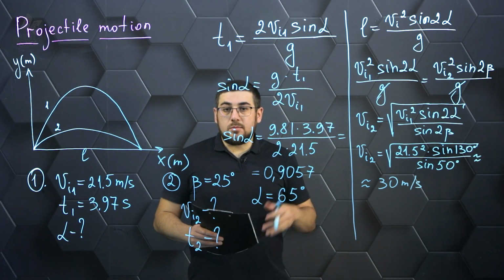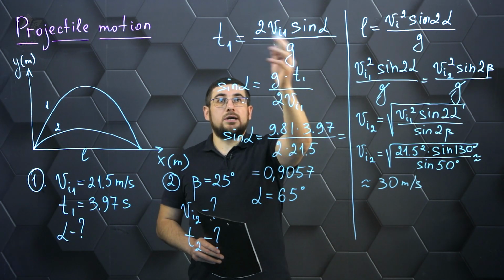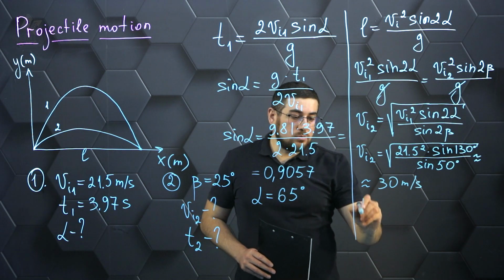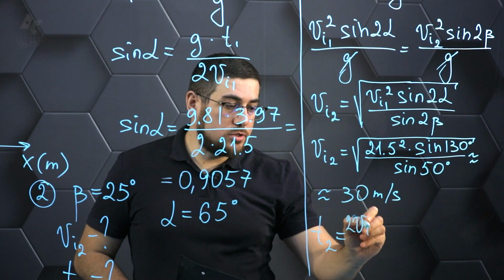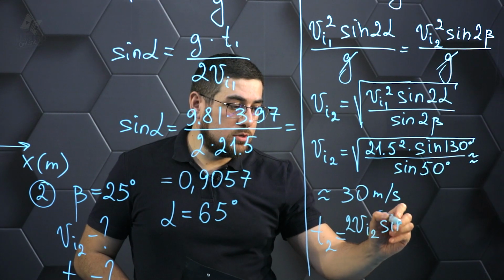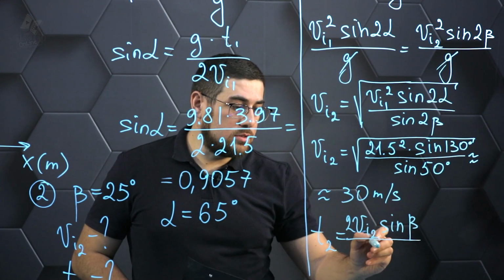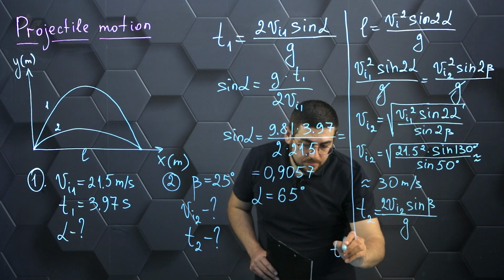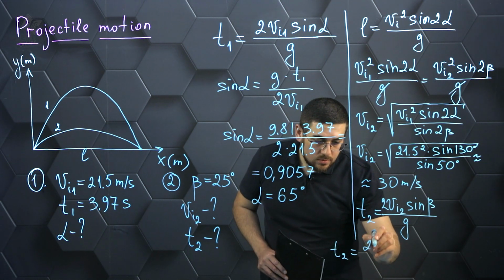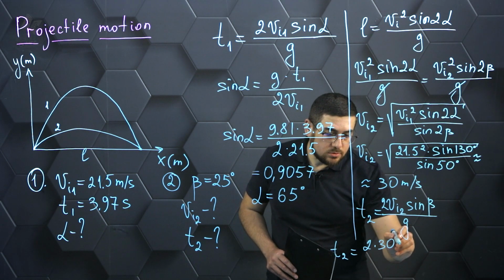Well, in order to calculate the time of flight for the second case, we already have a ready expression. Let's use it at once. That is, it is the doubled initial velocity multiplied by the sine of the angle of throwing and divided by the acceleration of free fall. And let's substitute the value. 2 times 30 times the sine of 25 degrees, divided by g.